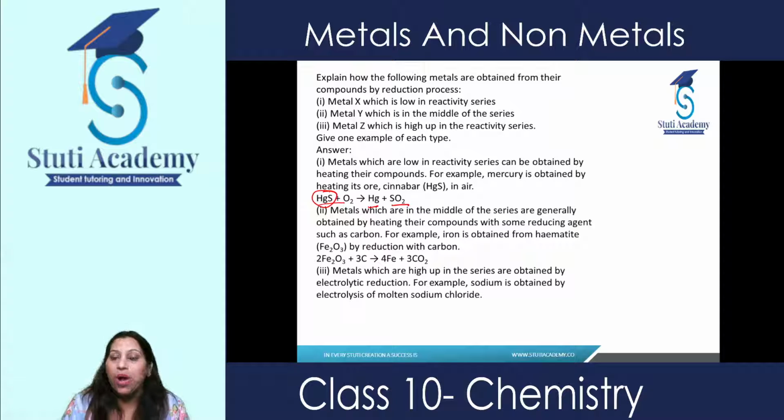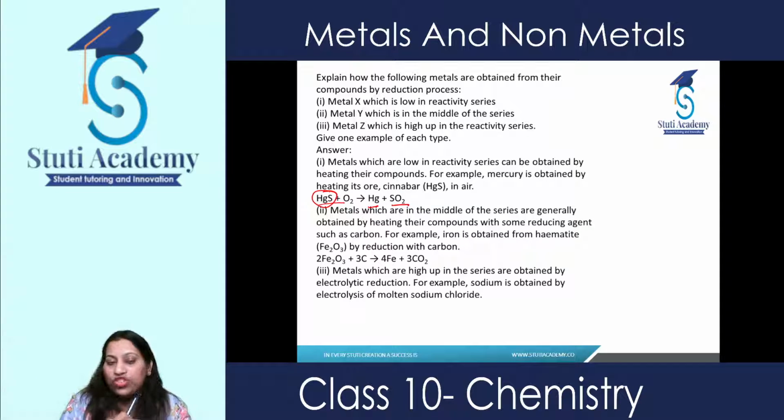Next is metal Y, which is in the middle of the series. Metals which are in the middle of the series are obtained by heating the compound with some reducing agent. If you remember, I have explained in the previous class, we use carbon or aluminium as a reducing agent. So those metals which are placed in the middle of the reactivity series, for them we use some reducing agent such as carbon or aluminium.